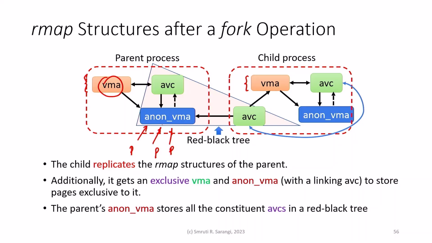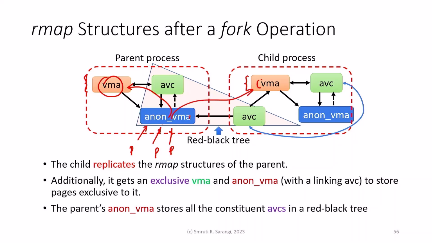The small difference is that the physical pages are now shared between the parent and the child, because the child has not written to any physical page yet. Once a child makes a write, then we will see, then there will be a copy on write kind of situation. But otherwise, what you do is that the child's VMA is attached to the parent's VMA, such that all the physical pages now basically point to the parent's VMA as well as the child's VMA.